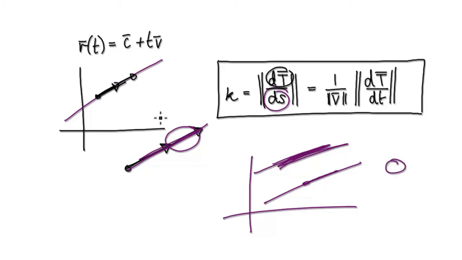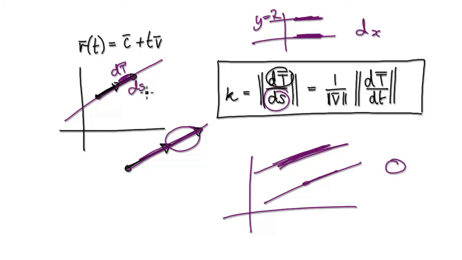So the point is that dt here is parallel to the arc length, so when you differentiate it, it's going to give you 0. It's just like me asking you to differentiate y equals 7 with respect to x. They're parallel, so the gradient is going to be 0. I hope you can accept that because this is parallel to ds, when you differentiate it, it's going to be 0.